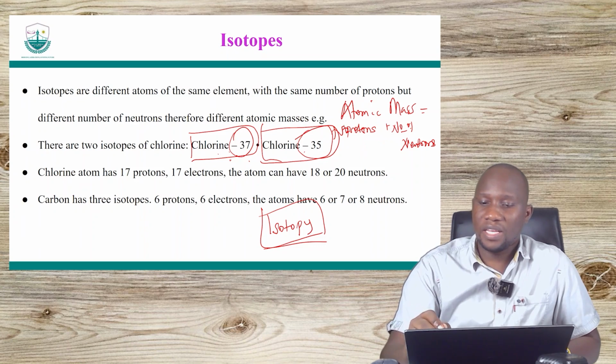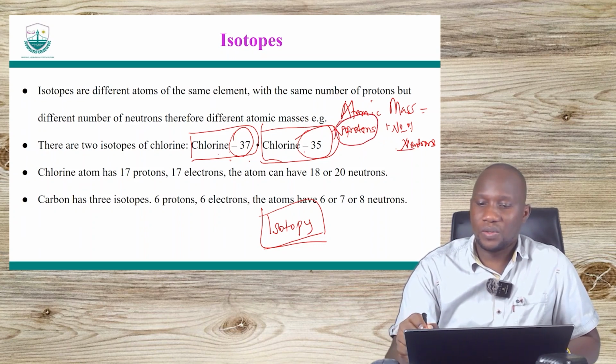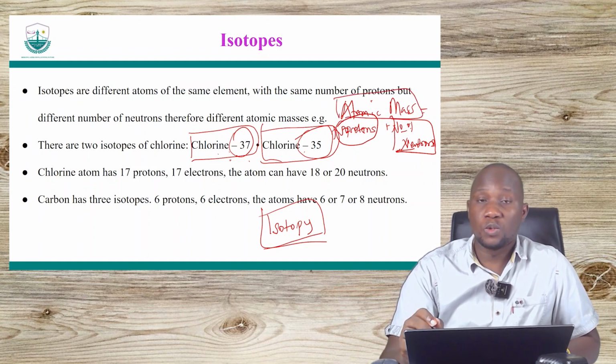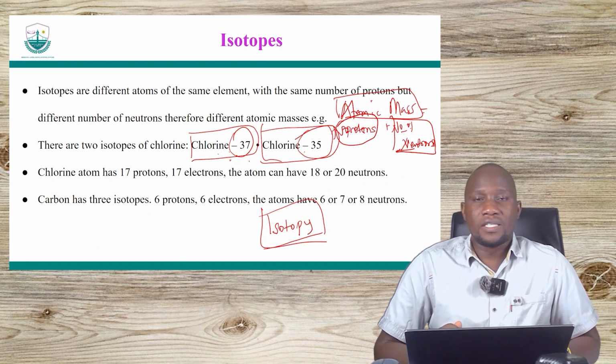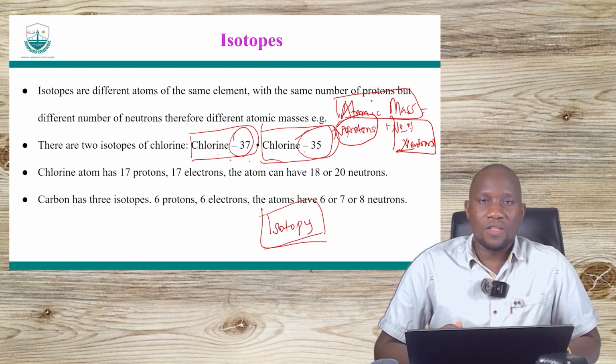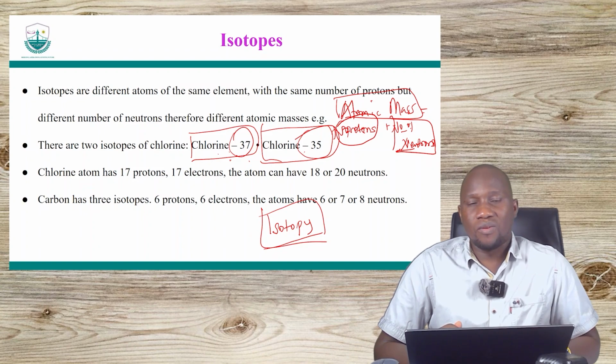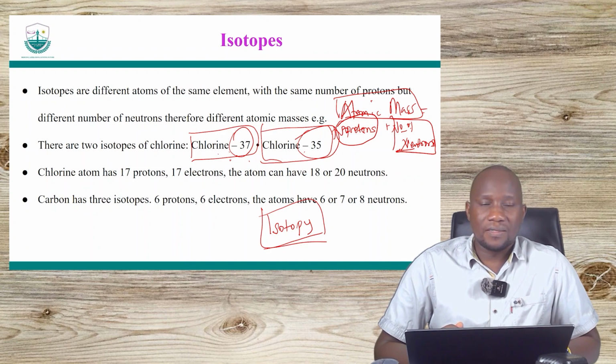We are saying this is the same, but this one is always different for atoms of the same element, and therefore you have this one as different. That is what you call isotopy. So the definition of isotopy is that it is the existence of atoms of the same element with a different number of neutrons but the same number of protons, and therefore they have different atomic masses.